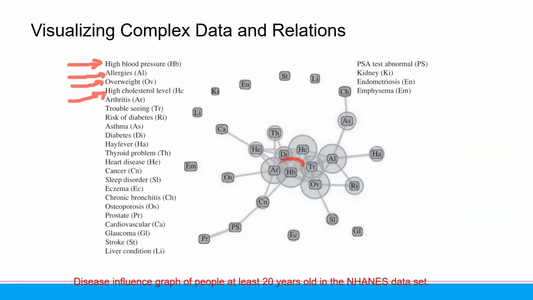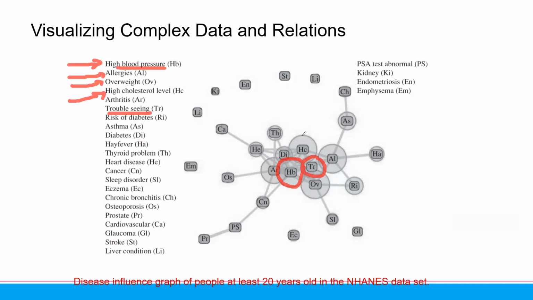So let's see, this is the HB. HB is the high blood pressure. Go here up. And I want to see, is there any relationship with other diseases? Oh, there's a relationship with TR. TR is trouble seeing. Okay, there can be a relation between those two.